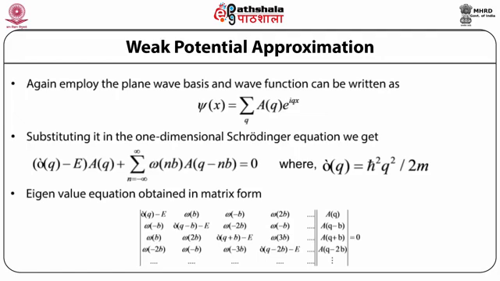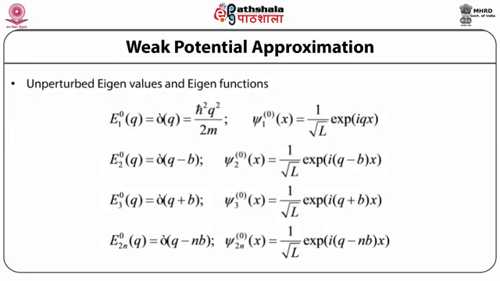From this equation, we can now write down the eigenvalue equation in a matrix form as shown here. We take q to lie in the first Brillouin zone, that is, between minus π/a and π/a. Note that, as it must be, the matrix is Hermitian because Ω_(minus nb) is Ω*_nb.